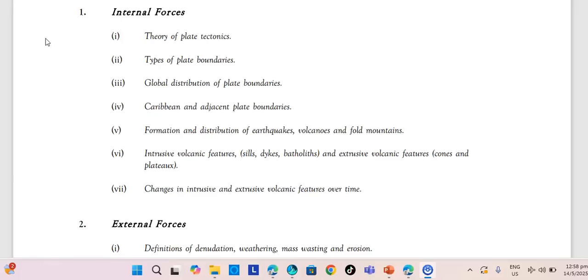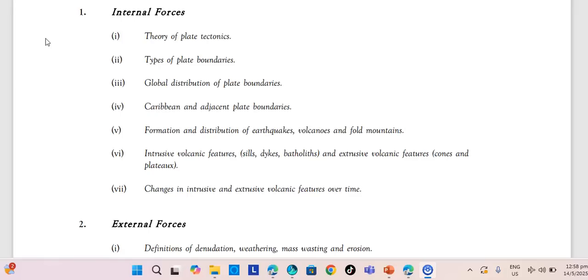Those countries are Cuba, Bahamas, and the Gulf of Mexico. We have the South American plate to the south, which is near Venezuela and Colombia. We have the Cocos plate to the west, near Central America. And we have the Nazca plate to the southwest in the Pacific Ocean near South America.